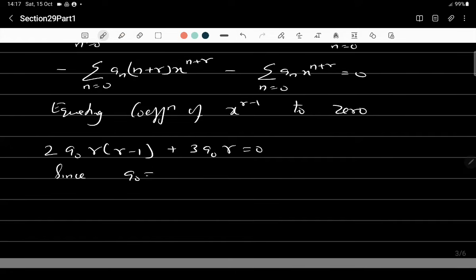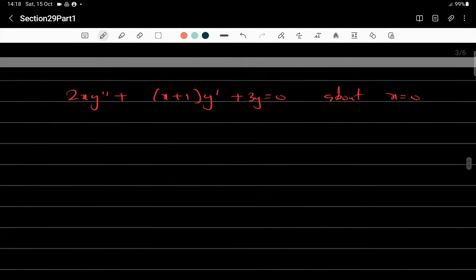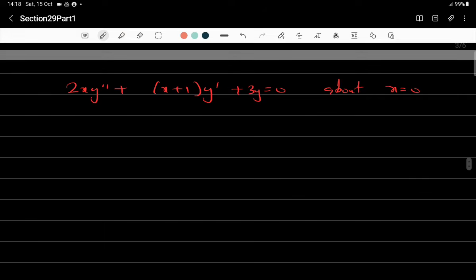So since a naught is not equal to 0, I have 2r square minus 2r plus 3r is equal to 0. That gives me r is equal to 0 and minus half, which are the roots of the indicial equation. Let's quickly try one more question.